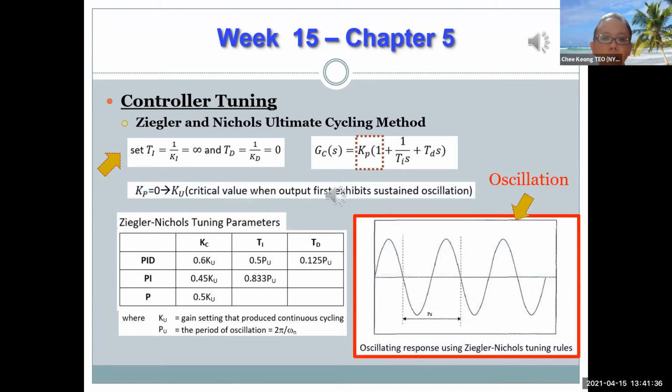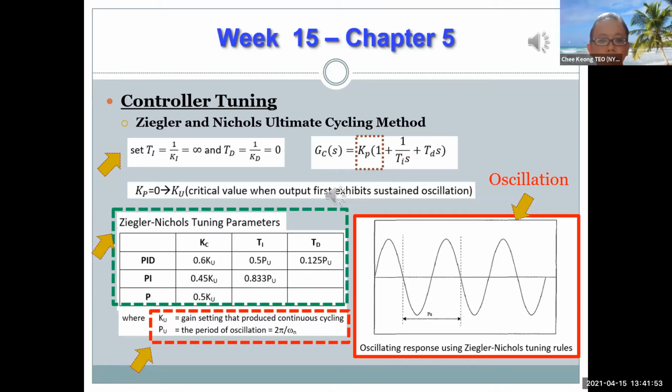By increasing the gain Kp to a certain point, the whole system will start to oscillate. This gain where it starts to oscillate is called the critical gain, and the frequency at which it oscillates is called the critical frequency. Knowing the critical gain Ku and its period of oscillation Pu, the Kc, Ti and Td can be calculated using the Ziegler-Nichols table for tuning parameters.